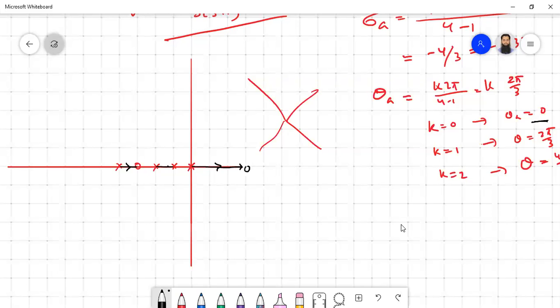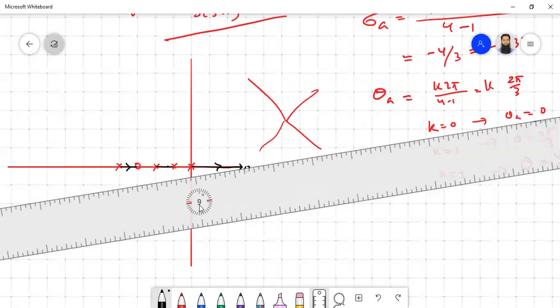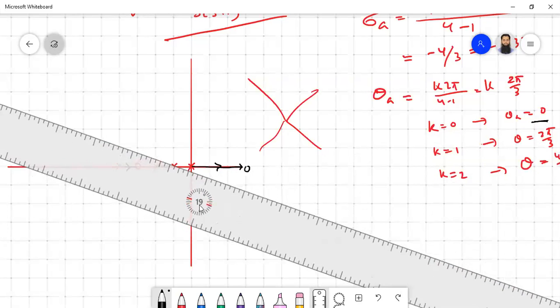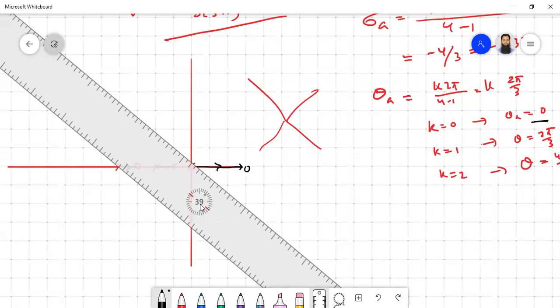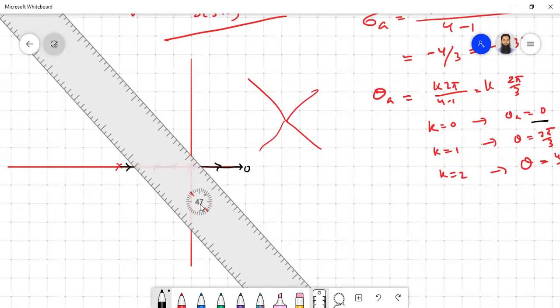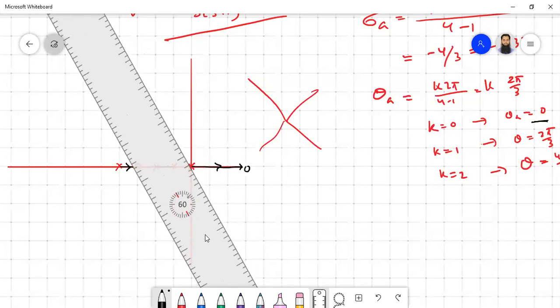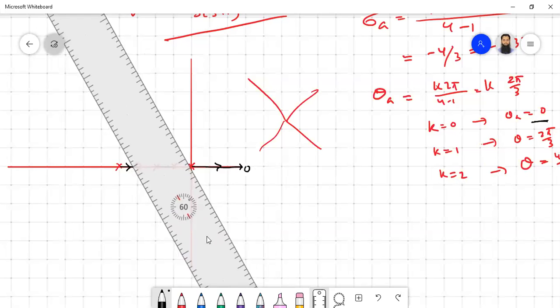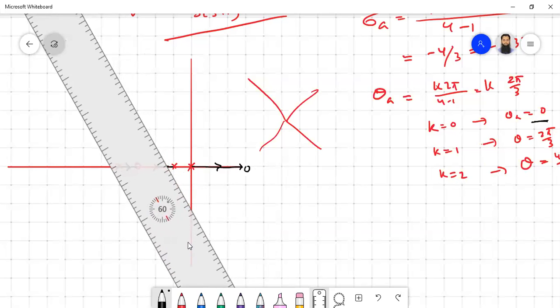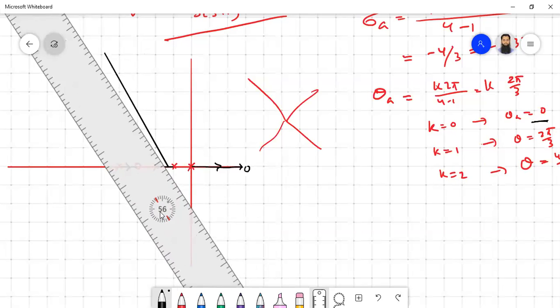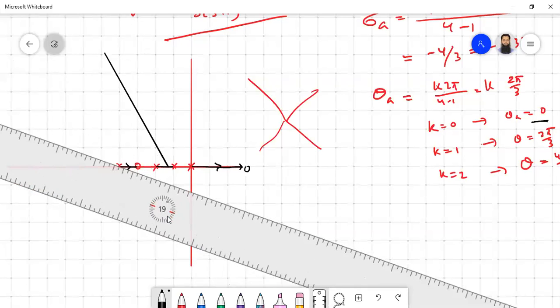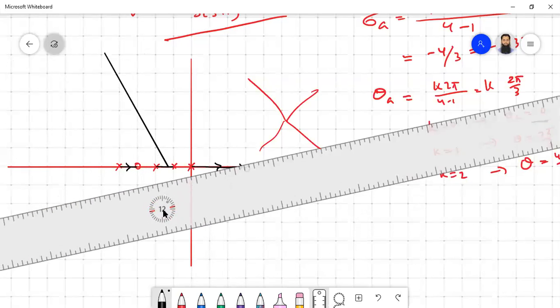If you try to plot the 120-degree lines, you're going to get something like this. From the centroid, these will be your lines, and identical lines will be downwards as well.